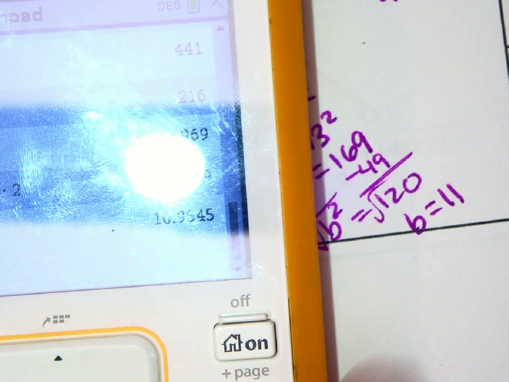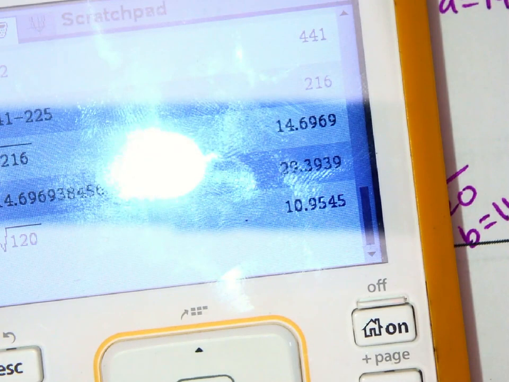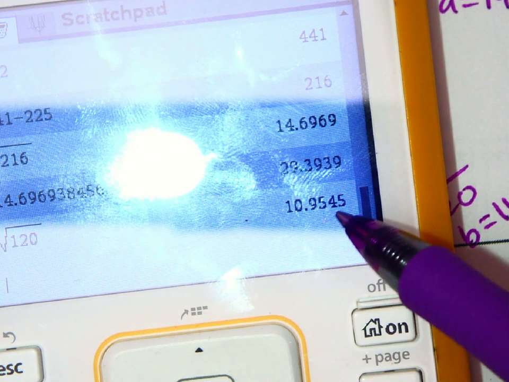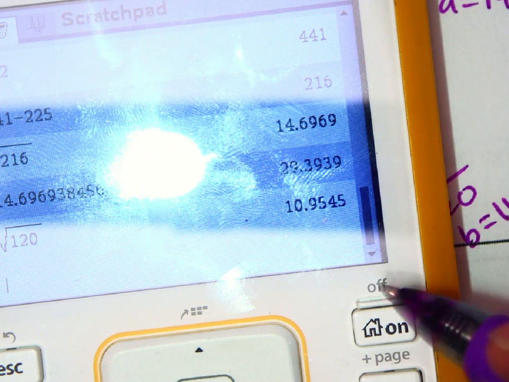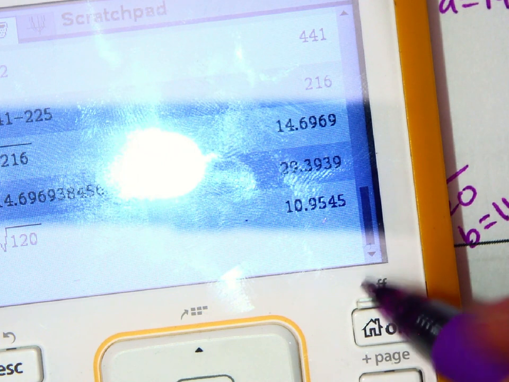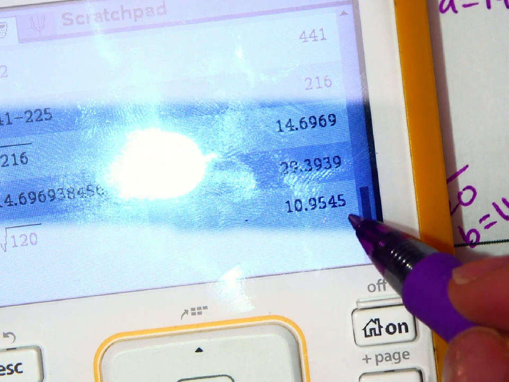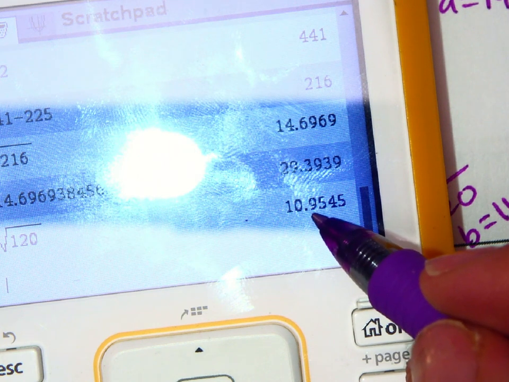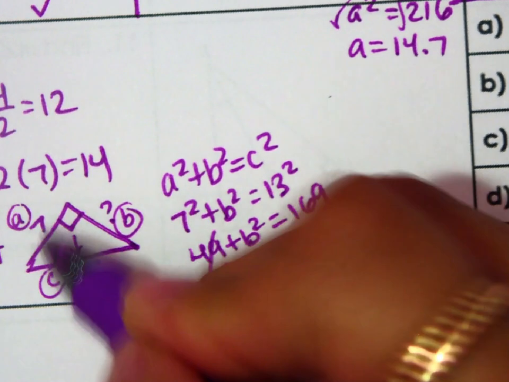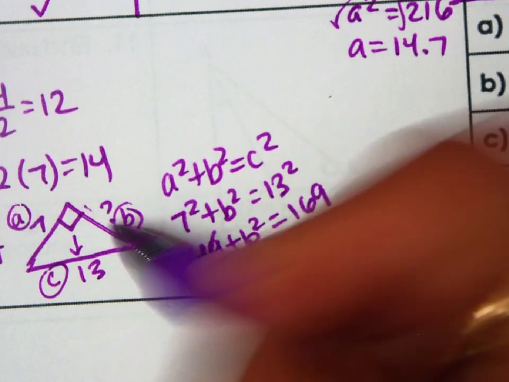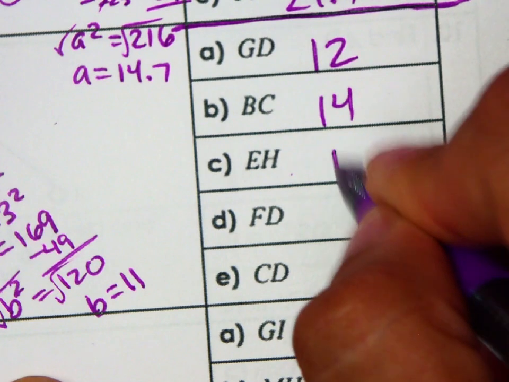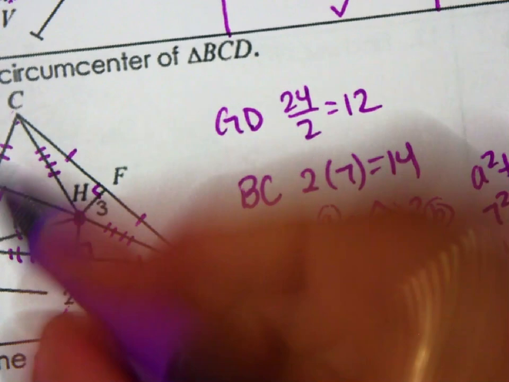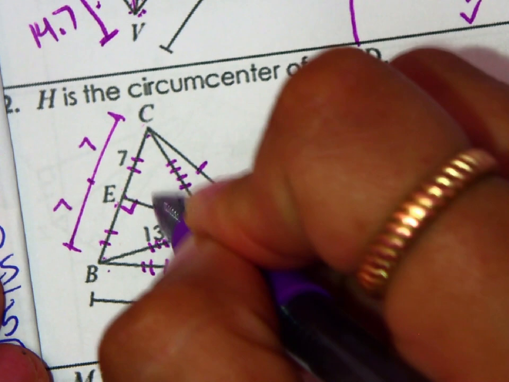Yes, so that rounds to 10.95, which rounds up to 11, because the 95 rounds up, the 9 becomes a 10, so then it becomes 11. So we're going to say B is 11, which means that this side length is 11. So EH, E to H, is 11.